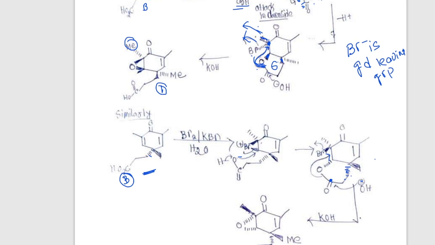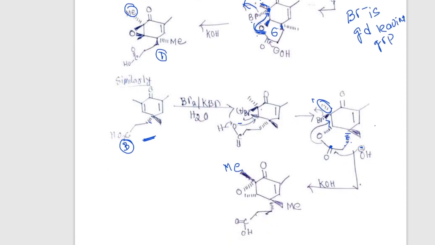Obviously when the attack is from the downside, bromine leaves, and this methyl group comes to the upside because the attack happens from the downside. Obviously this bond will break and OH minus will attach. You can see that the COOH group comes again. So this is the second product that is formed.